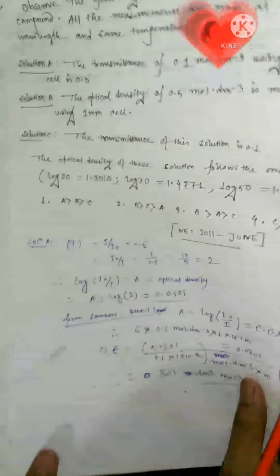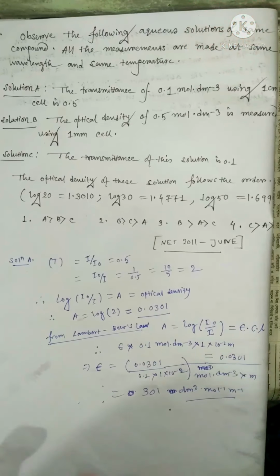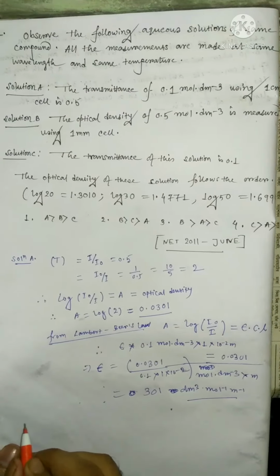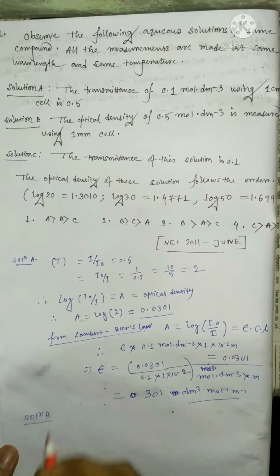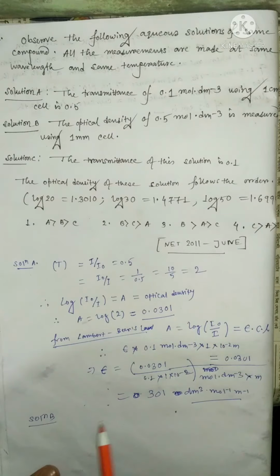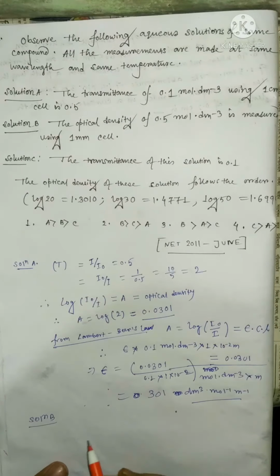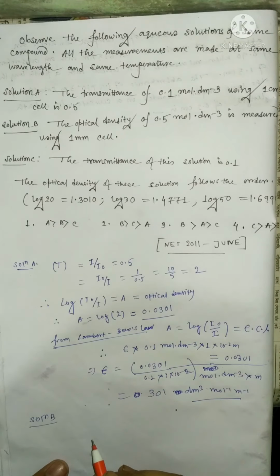Now for solution B, the given data is the optical density of the molar solution measured using the cell.